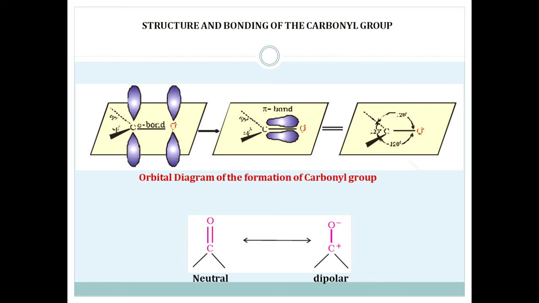Electron diffraction and spectroscopic studies reveal that the carbon, oxygen and the other two atoms or groups attached to the carbonyl carbon lie in the same plane and have bond angles of roughly 120 degrees.